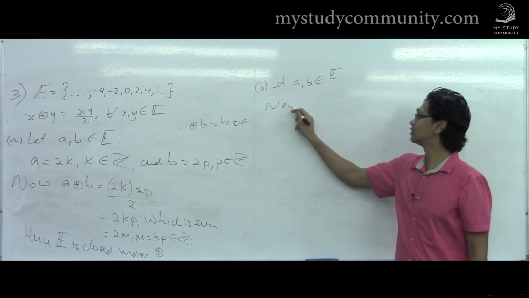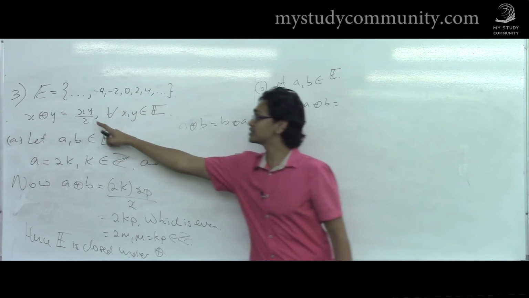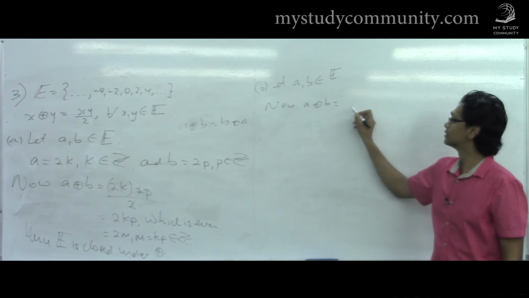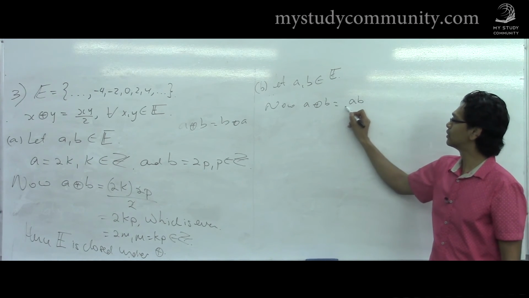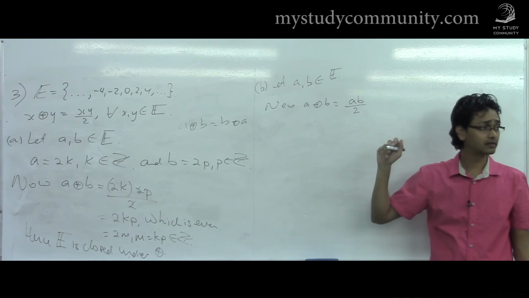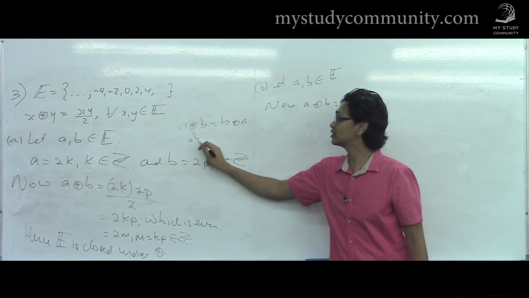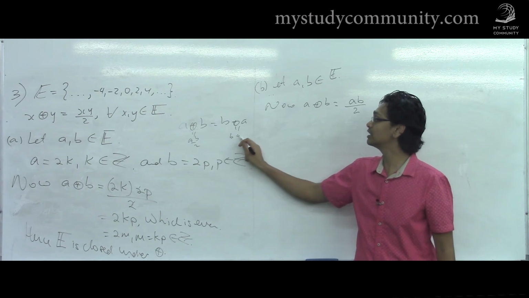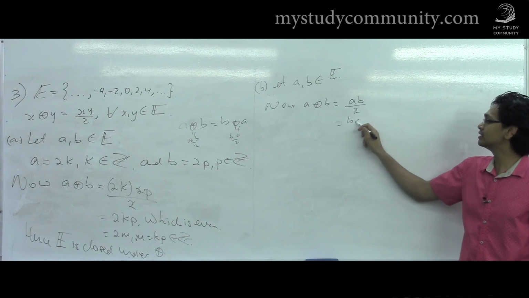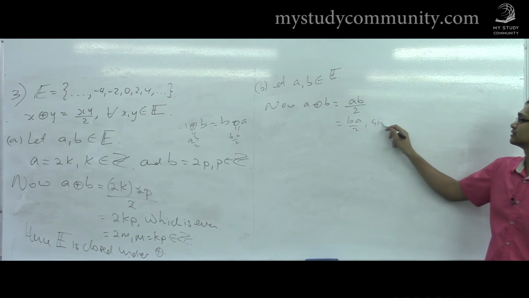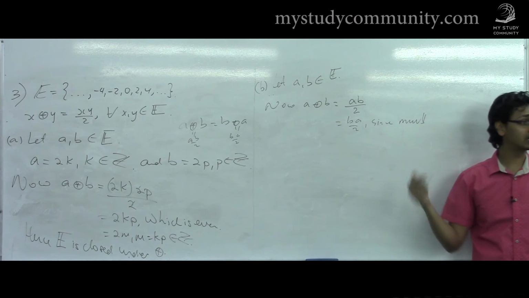Now A circle plus B is our definition, A B over 2. Yes? But this here is A B on 2. I want it to look like B A on 2. Yes? But A B on 2 is really B A on 2. Since what? Multiplication is commutative.